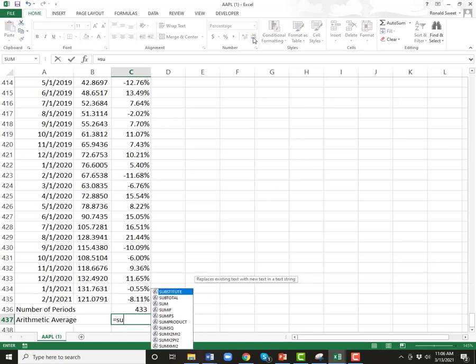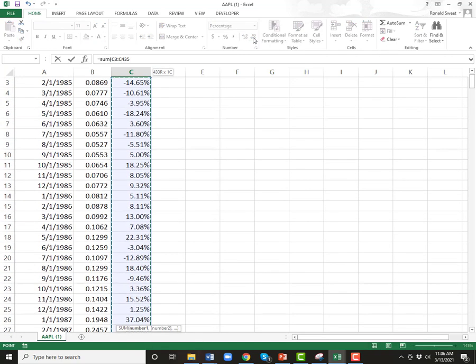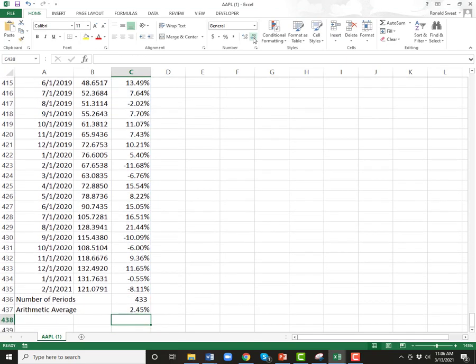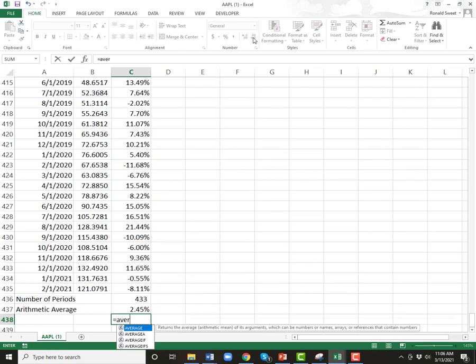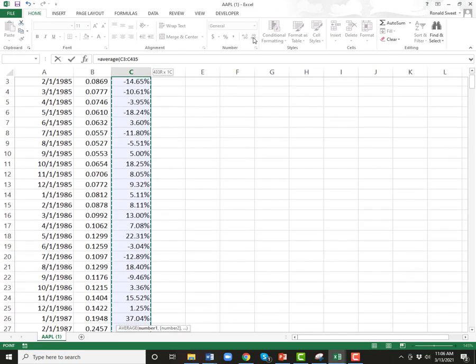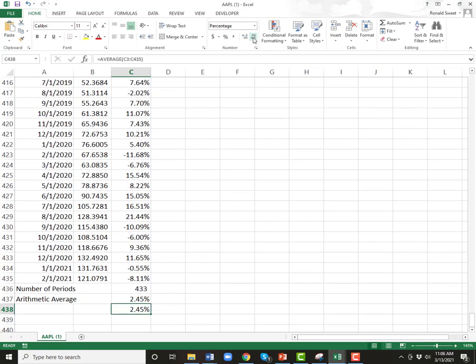You can just sum up all of the holding period returns and divide by 433, or you can use the average function in Excel. That will give you the exact same answer. So the arithmetic average is the sum of the holding period returns divided by the number of periods, just like we did when we had 3 periods, we added up the 3 periods and divided by 3.